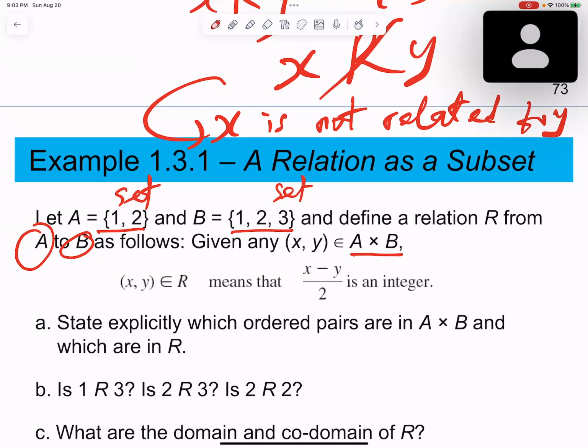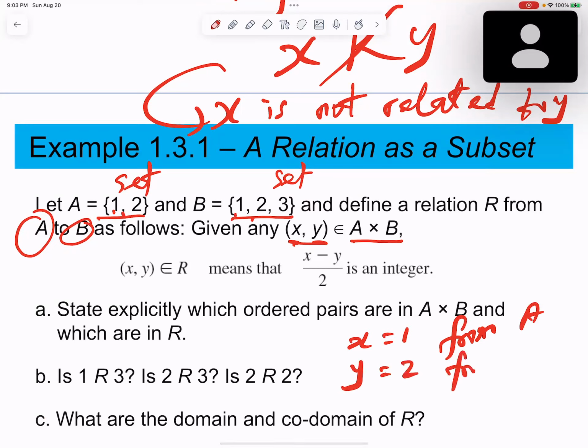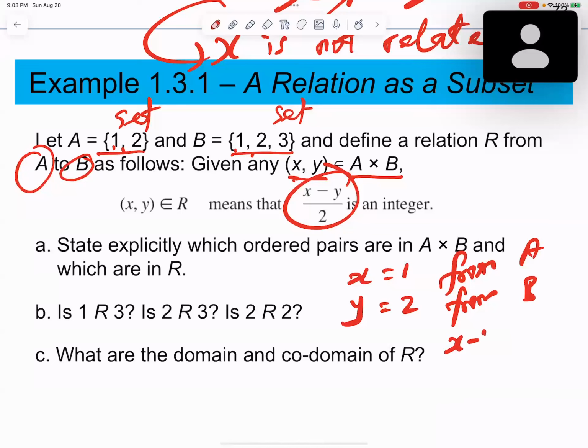Now, so if you define these pairs as for x and y to be in this relation, it means that the difference between any of these two numbers over 2 must be an integer. Okay, it must be an integer. So if I pick x to be 1 from A, and I pick y to be maybe 2 from B. Now let me look at this relation. That means (x minus y) over 2.